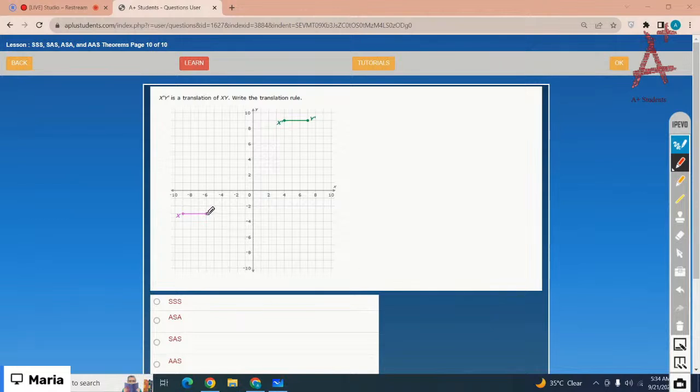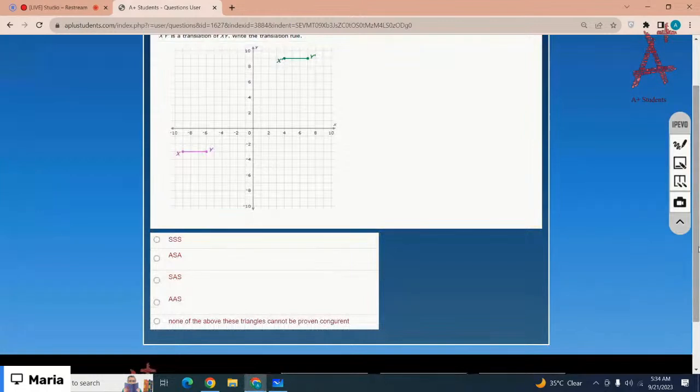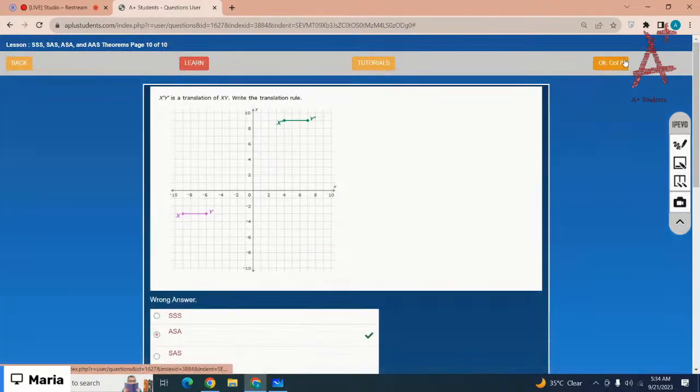Here the Y coordinate is -6 and -3. Write the translation rule. How do I know? I think none of the above. And this is also not the triangle. Angle, side, angle. How?